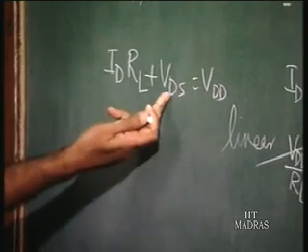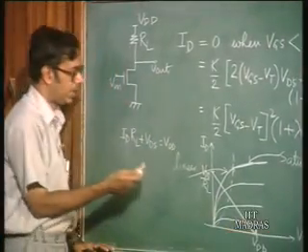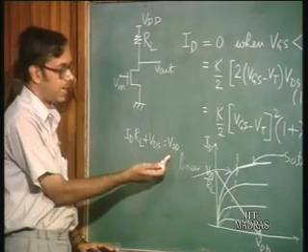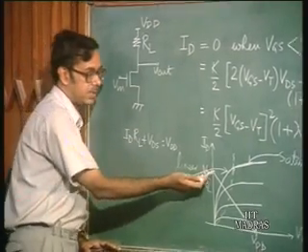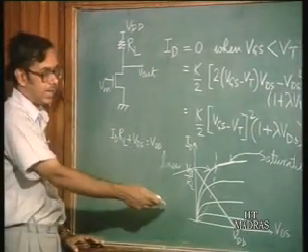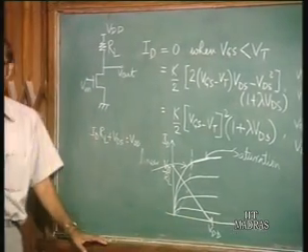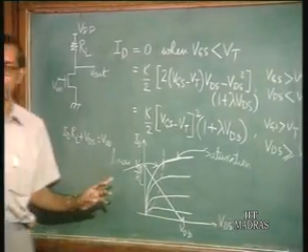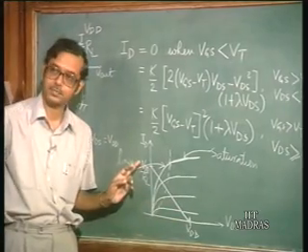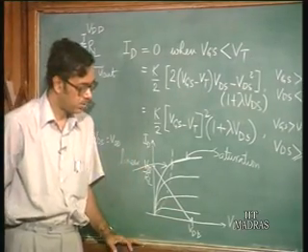So, when VDS is equal to 0, ID is equal to VDD by RL, so it comes here, and when ID is equal to 0, VDS is equal to VDD. So, with these 2 points, since it is the equation of a straight line, this is the load line.